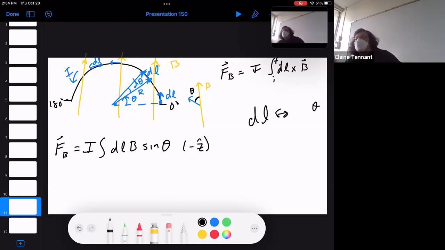And we can do that through arc length, because dl is just one small part of this arc, right? So I have my slice here. I've got my arc right there. So there's dl.